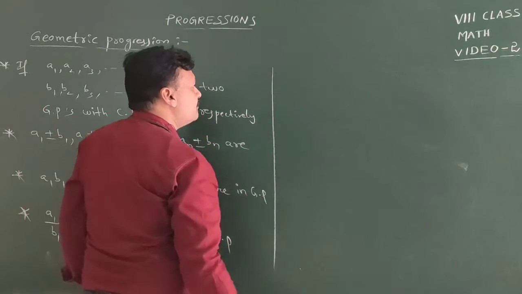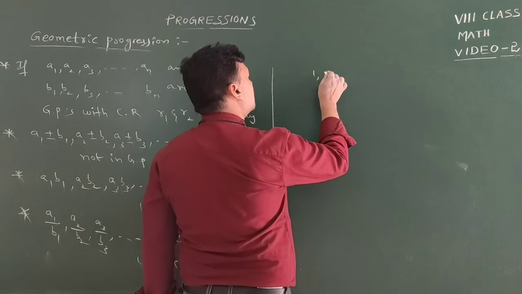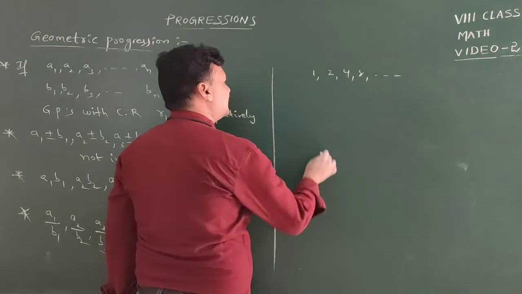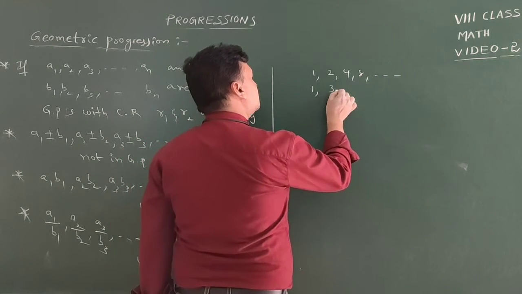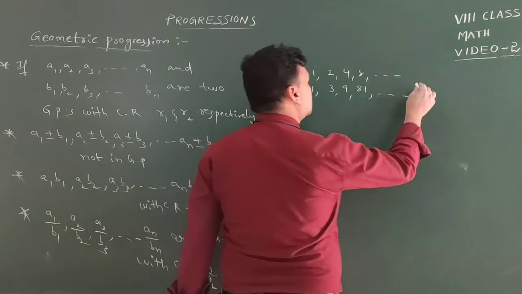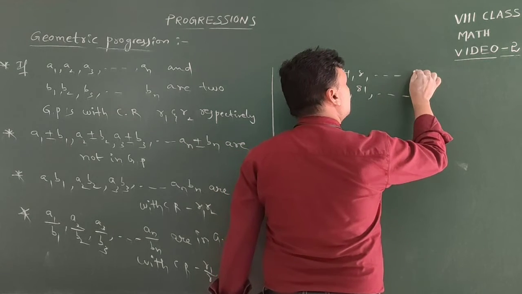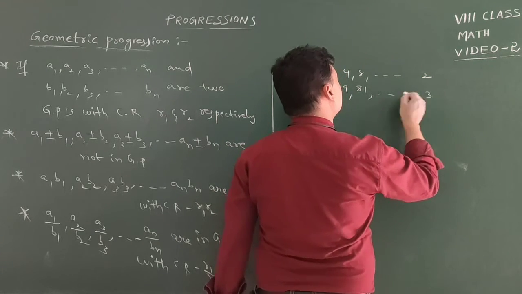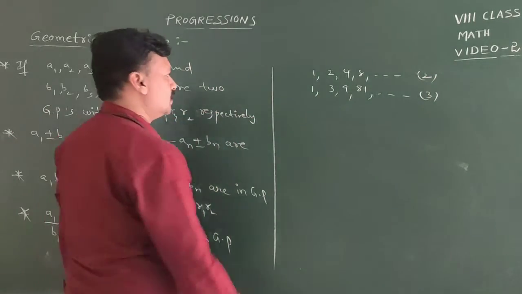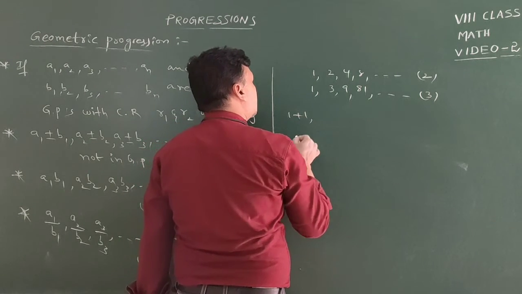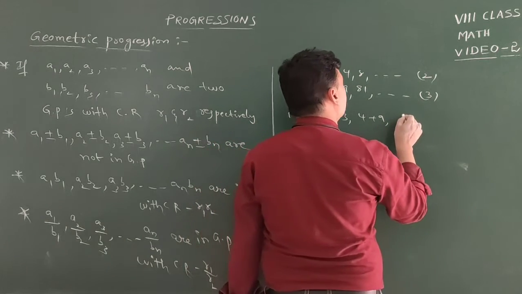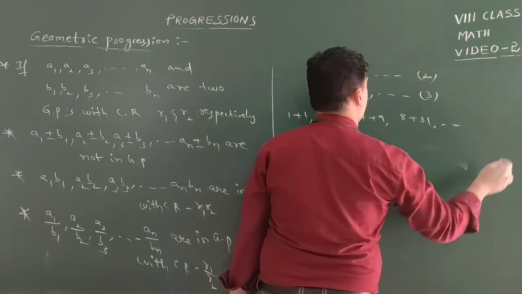For example, here 1, 2, 4, 8 and so on. For the second one, 1, 3, 9, 27 and so on. Here the common ratio is 2, here the common ratio is 3. Check this one. Here 1 plus 1, 2 plus 3, 4 plus 9, 8 plus 27 and so on.